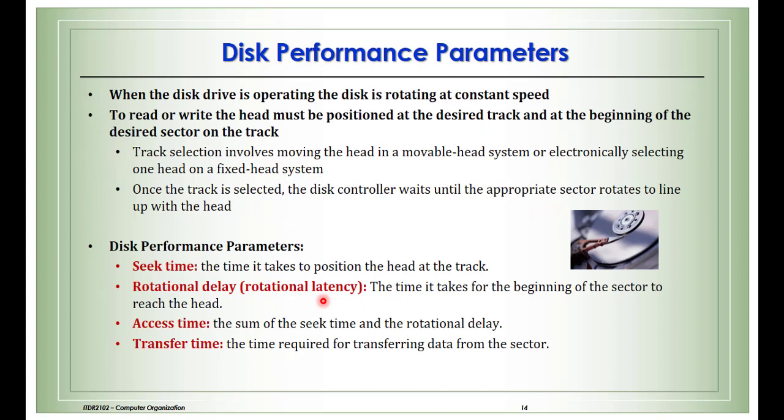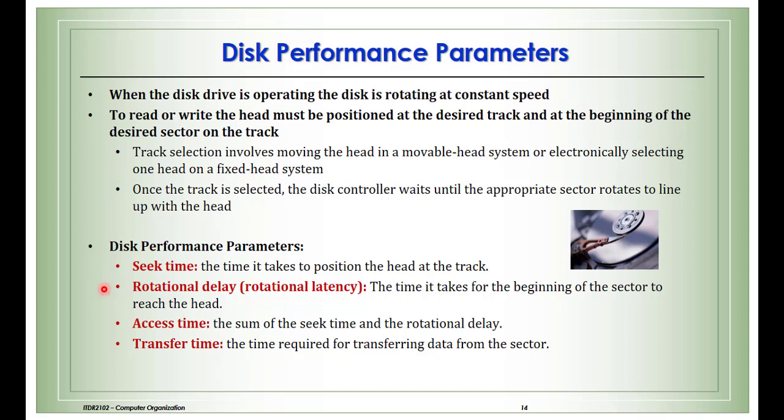The second parameter is called rotational delay, which is the time it takes for the beginning of the sector to reach the head. Because we are reading data in sectors, we need to access the correct sector.